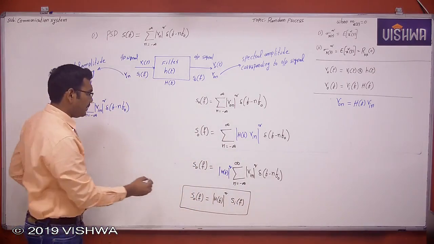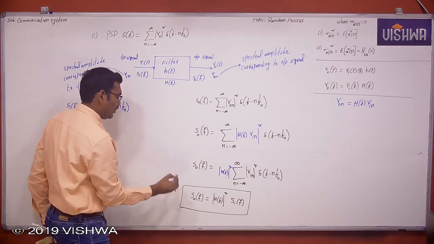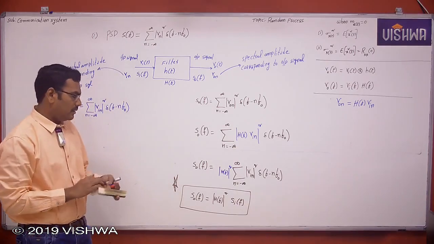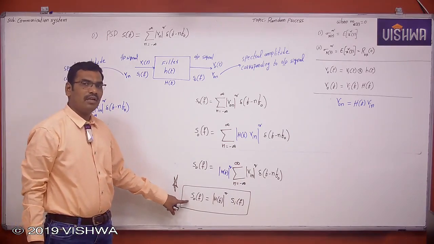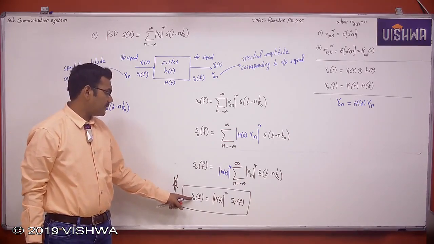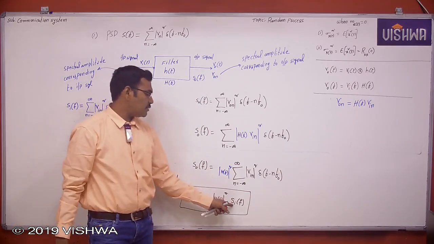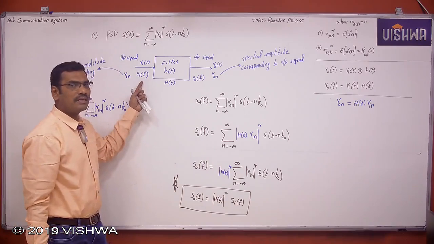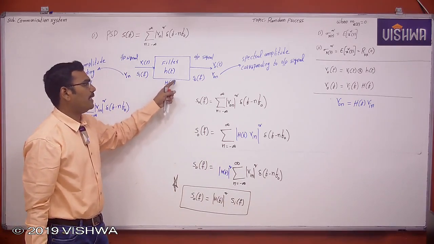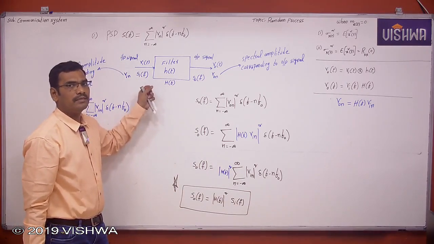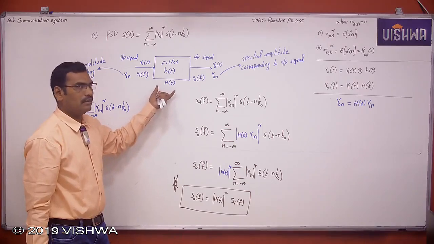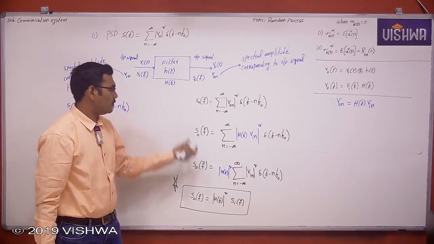This is a very important relation throughout the noise behavior. The power spectral density at the output of the filter is the power spectral density at the input multiplied with the square of the filter transfer function.